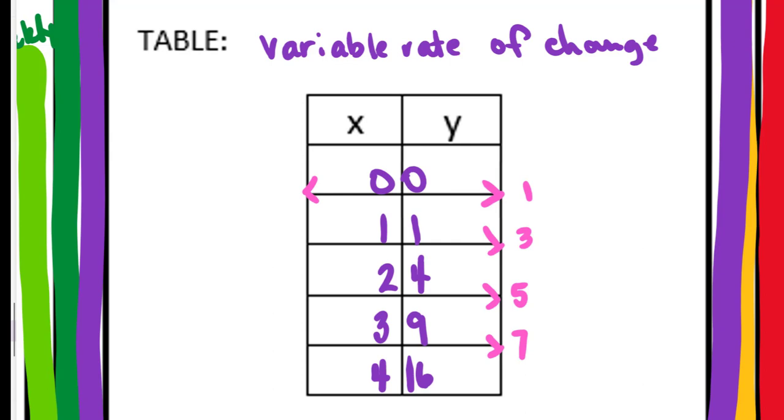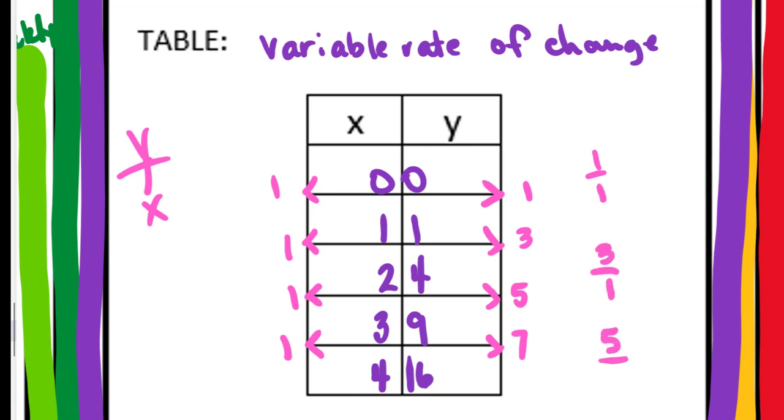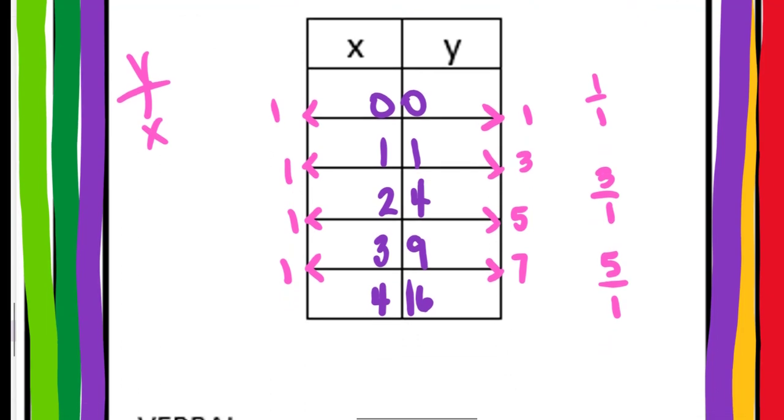Find your x differences. And then write that as a ratio of y differences to x differences. So we've got 1 to 1, 3 to 1, 5 to 1, 7 to 1. And this will simplify to 1, 3, 5, and 7.